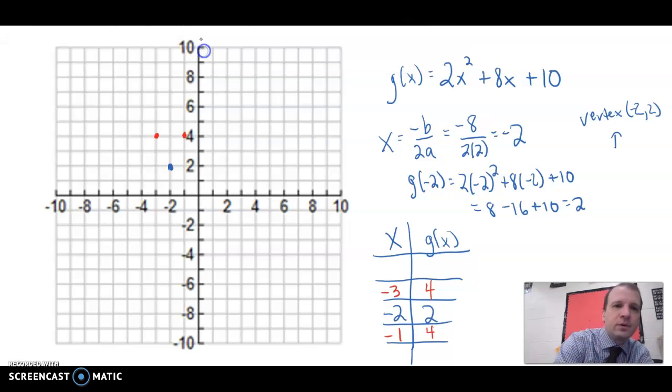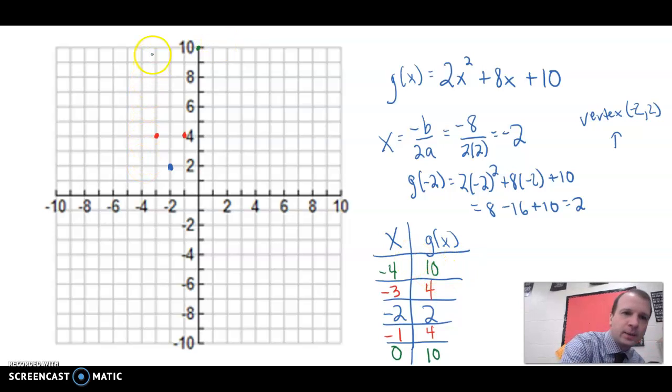Going one step further, I think 0 would be a nice easy one to plug in. I don't want to plug in -4. When I plug 0 in, I would have 0 and 0, and I'll get 10. So I'll go to (0, 10). I'll go to (-4, 10).